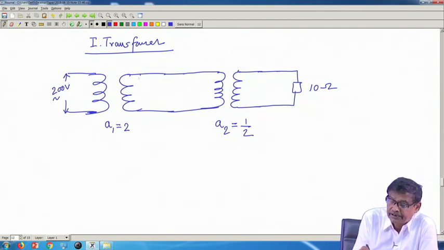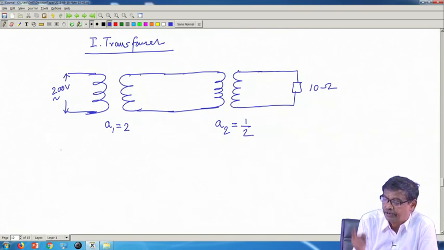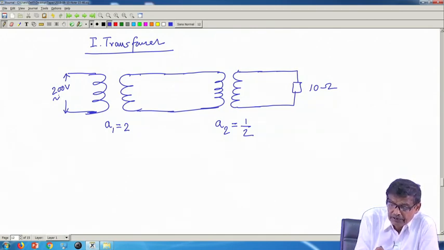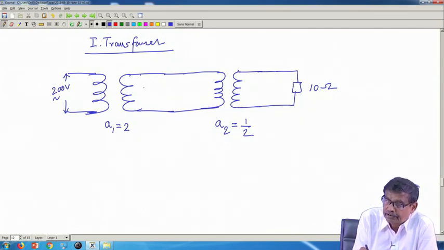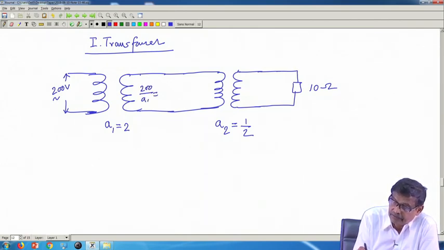Tell me, what is the voltage here? I want to find out the currents. If you have applied 200 volt and the ratio is this, what will be this voltage? 100 volt, because V1 by A1 will come here: 200 by A1 is equal to 100 volt.